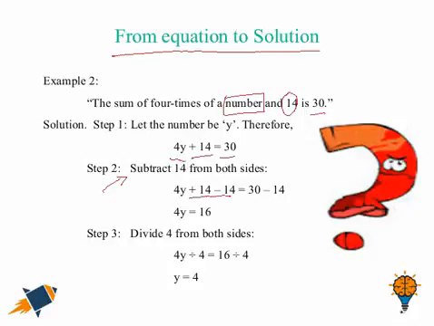Now we'll simplify the equation and it would be 4y is equal to 16. Now step 3 is to divide both sides by 4. So we'll be dividing the equation by 4 on both sides. It will be 4y divided by 4 is equal to 16 divided by 4, and the answer would be y is equal to 4. This is how we can move from equation to solution.